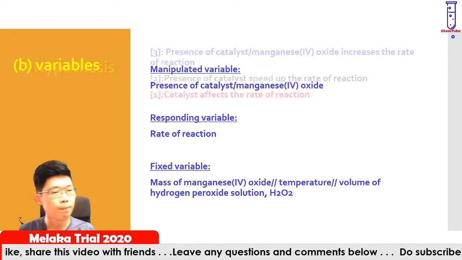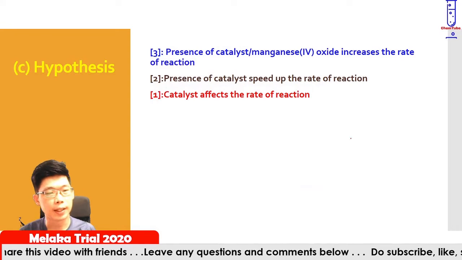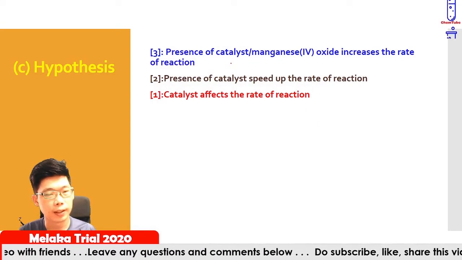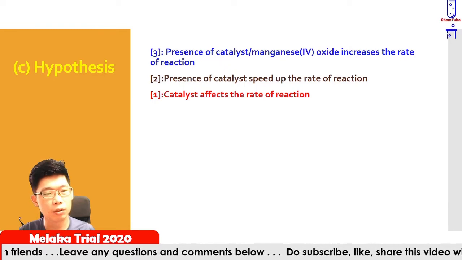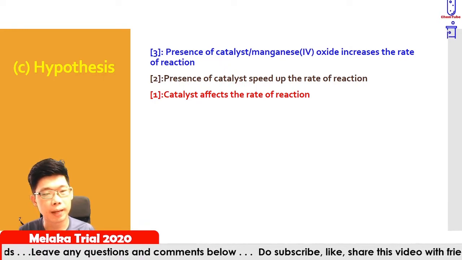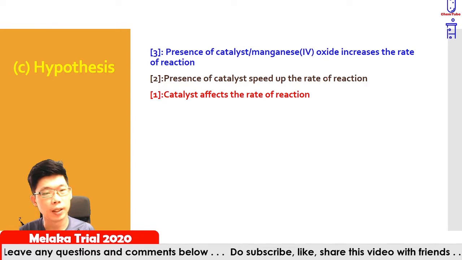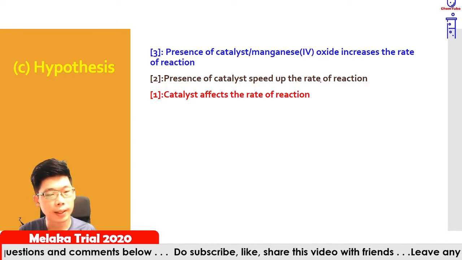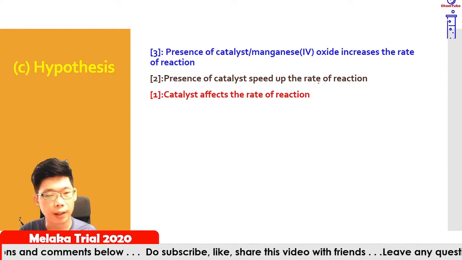Hypothesis: the presence of catalyst increases the rate of reaction, for score 3. Score 2: presence of catalyst speeds up the rate of reaction. Score 1: catalyst affects the rate of reaction.